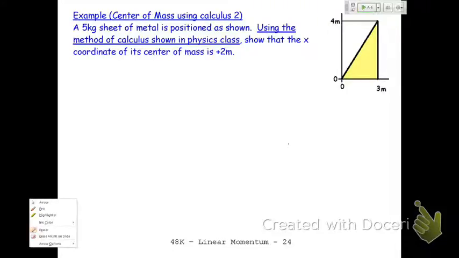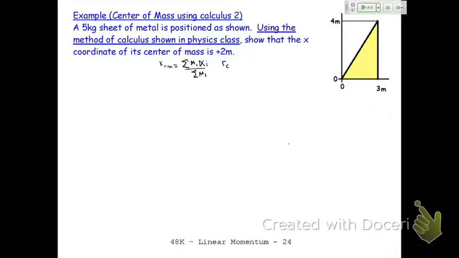So I'm going to turn around and say, well, hold on, my x centre of mass is equal to the sum of m_i x_i over the sum of m_i.